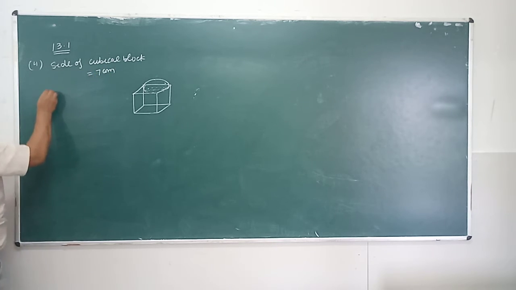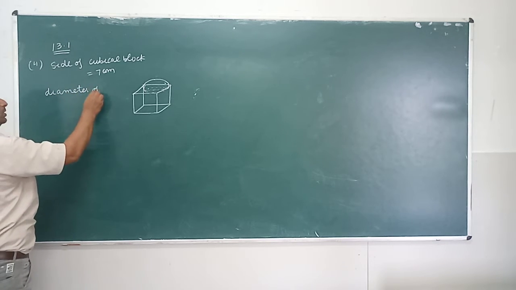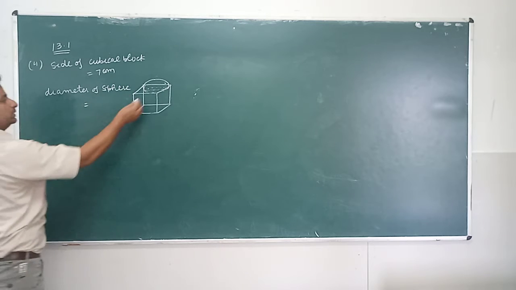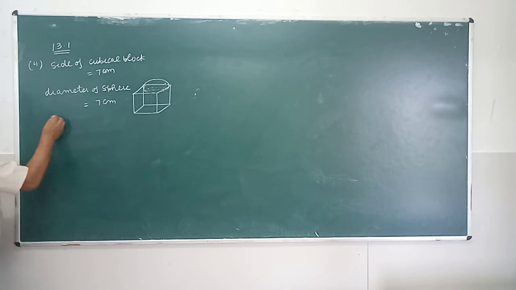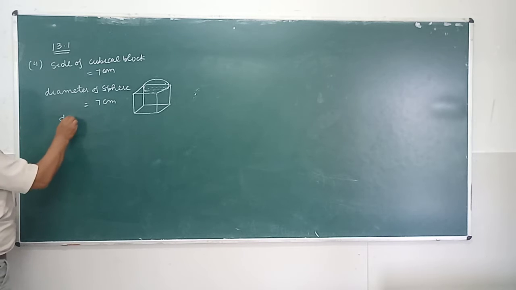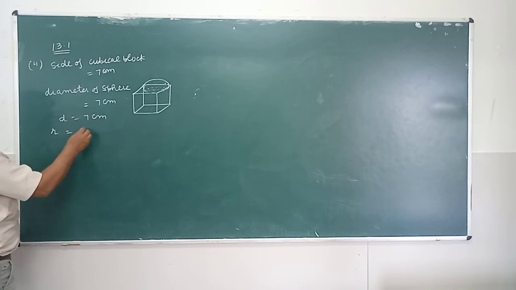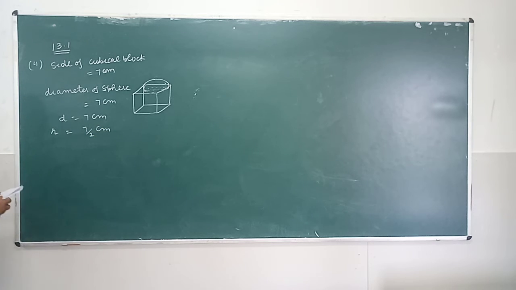So the diameter of the hemisphere is equal to the side of the cubical block. So this is the diameter, D is equal to 7 centimeter. Radius of the hemisphere is 7/2.